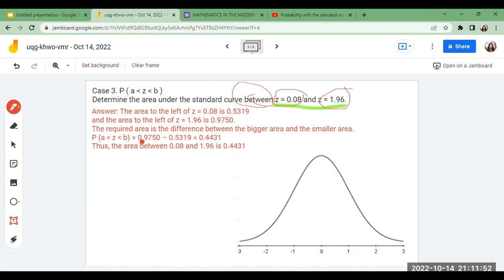Just subtract the two, the bigger area minus the smaller area. So we have 0.4431. Therefore, the area between 0.08 and 1.96 is 0.4431.